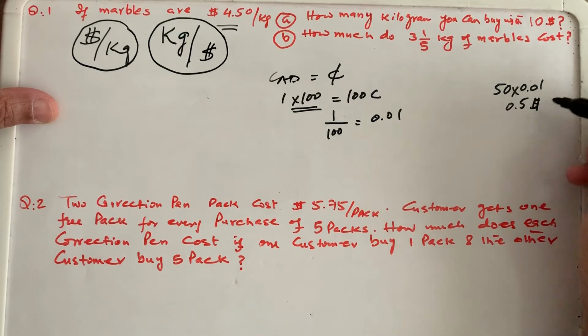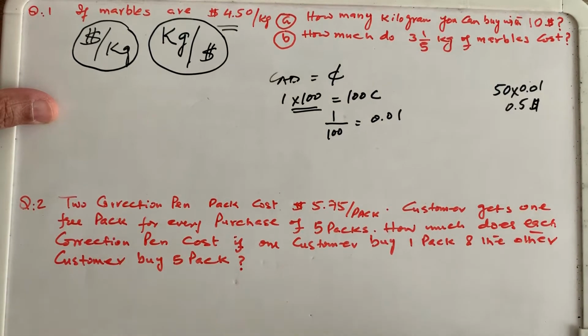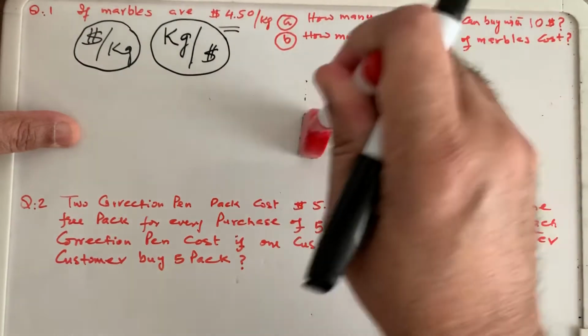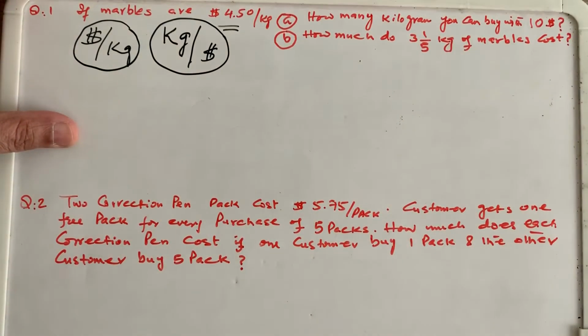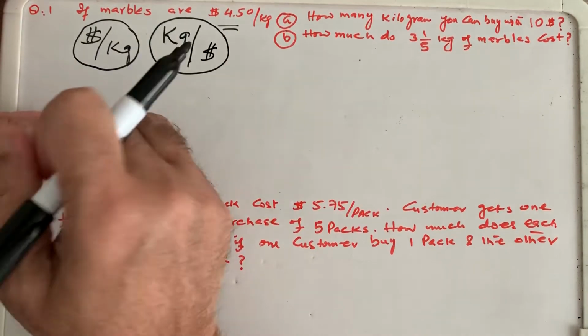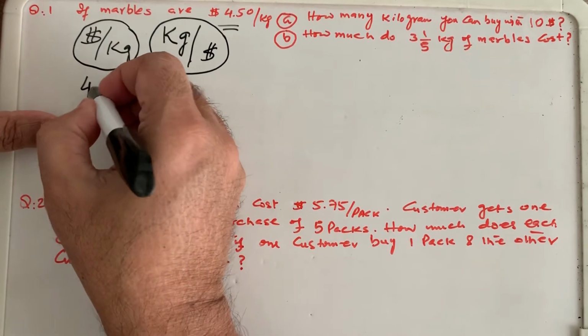You should remember that one way of converting gives the more quantity or the less quantity. For the more quantity, we have to multiply, and for the less quantity, we have to divide. Here we are learning that if the rate is given in dollars per kilogram, that is 4.5, right?